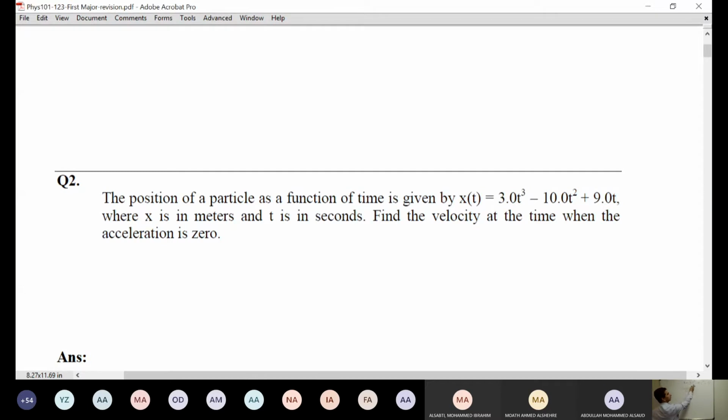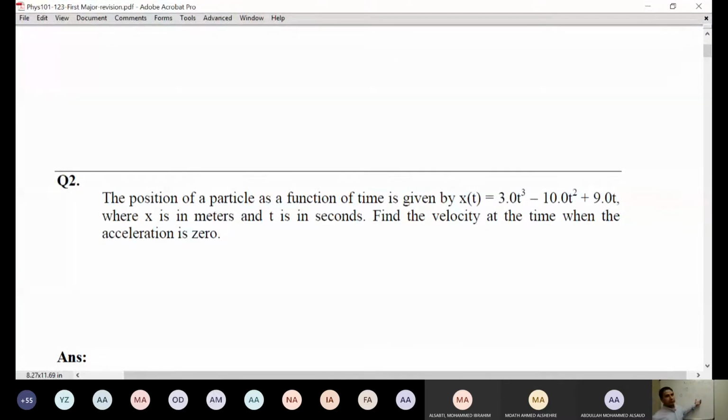Can someone tell what the first term will become? 9t squared minus 20t plus 9. And then the acceleration, what will happen if you take another derivative? 18t minus 20.